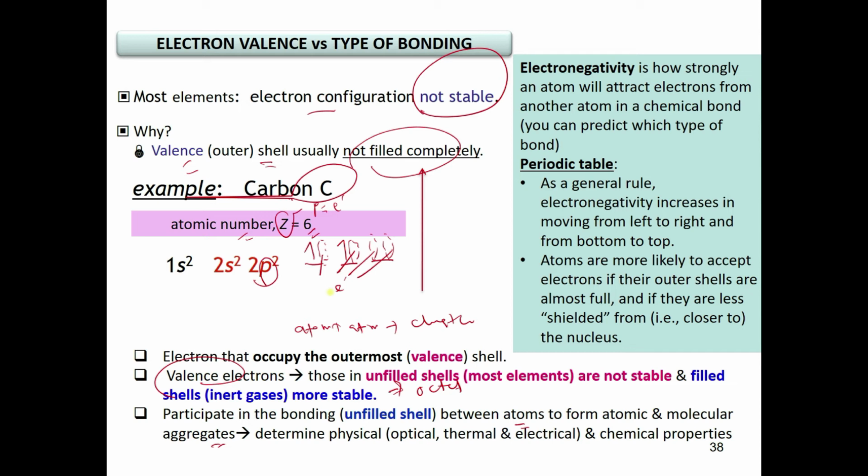However, an atom having a low number of valence electrons has the tendency to give up electrons. The tendency for an atom to attract electrons from another atom is called electronegativity.